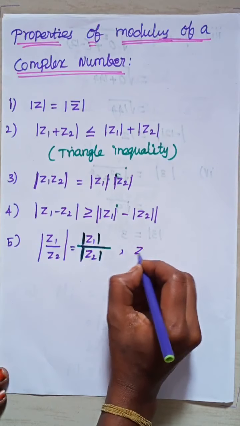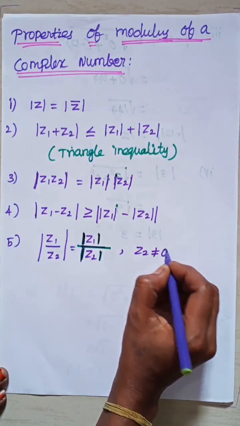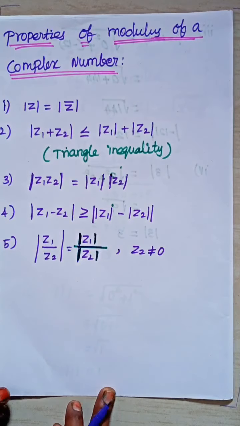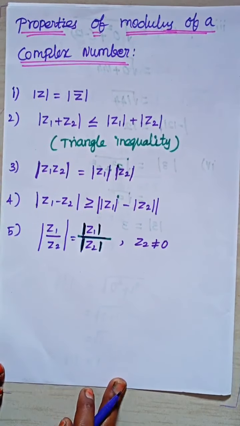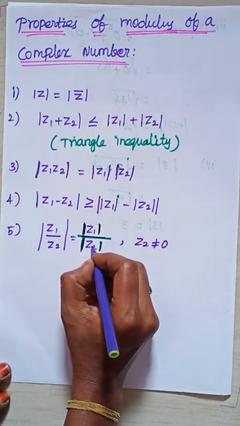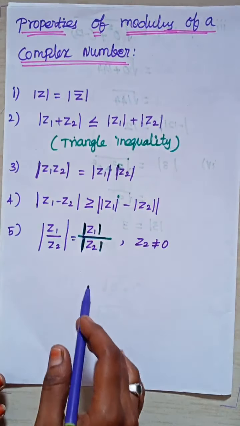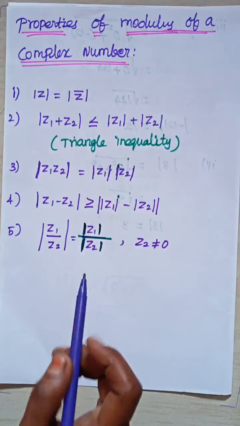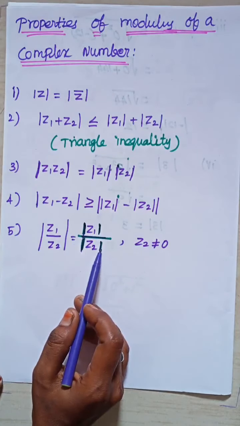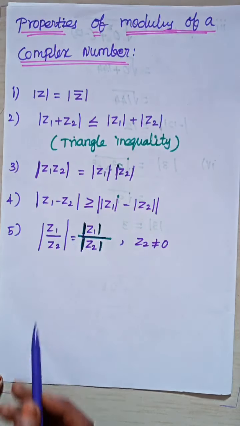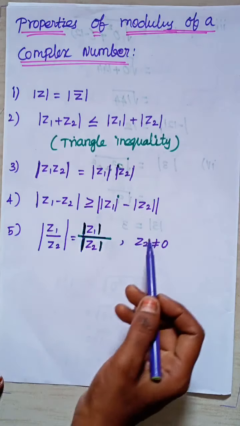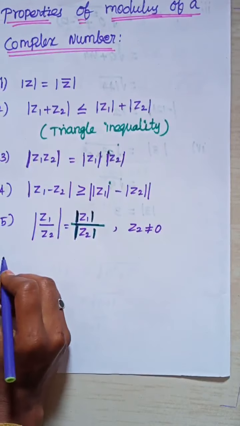Here the z2 value is not equal to 0. Why is z2 not equal to 0? I already told you the reason. The modulus of z2 is not equal to 0, so we get some result. If it equals 0, then anything divided by 0 is infinite. So only the z2 value is not equal to 0.